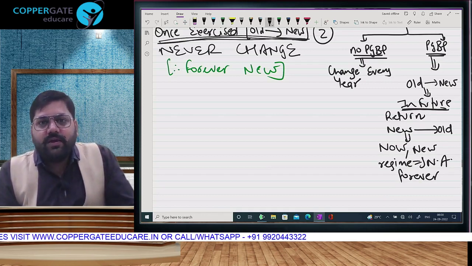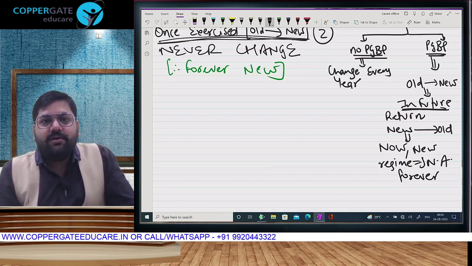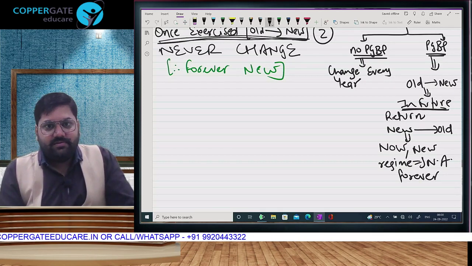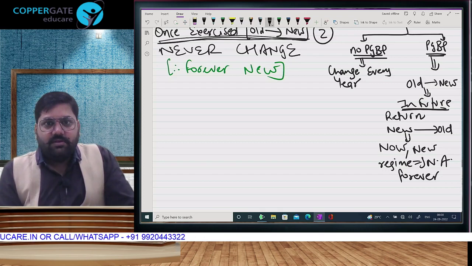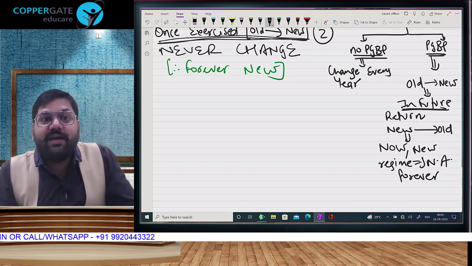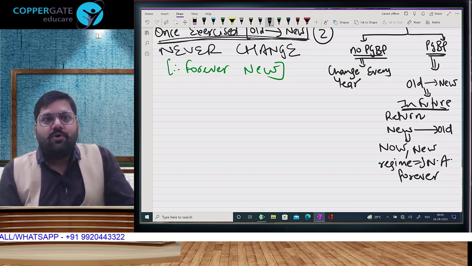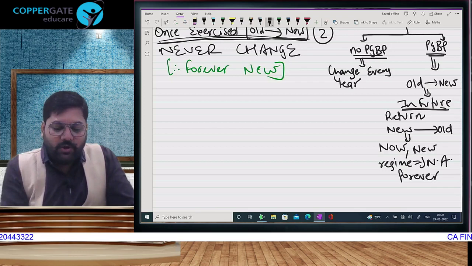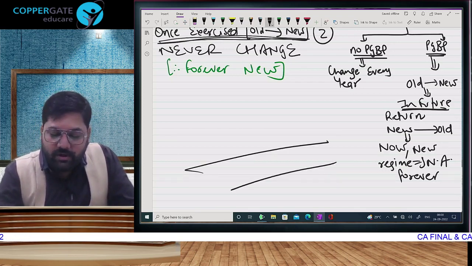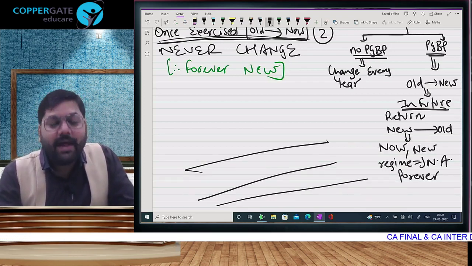Now you will have to remain in the old regime for lifetime. New regime not available. That means old to new allowed. New to old allowed. Going back not allowed.